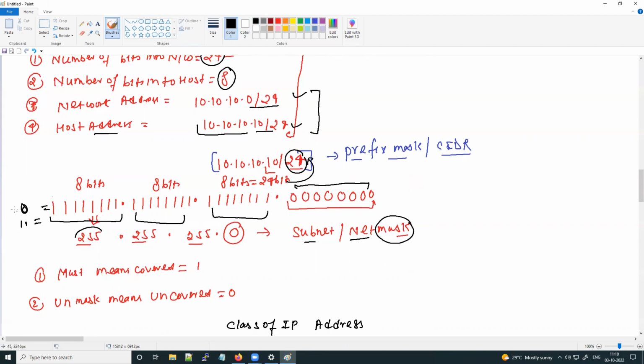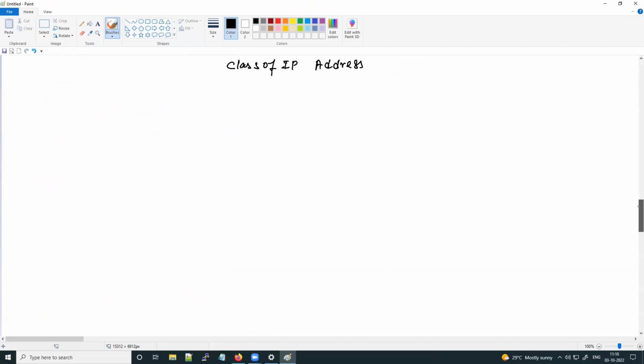If you go with all 0, we get 0, and if you go with all 1, it goes to 255. So the range is 0 to 255, and the total is 256. These are divided into multiple classes of the IP address that we are going to discuss.